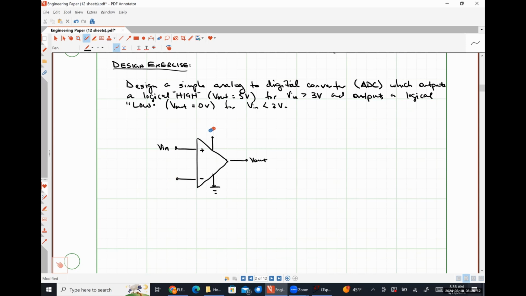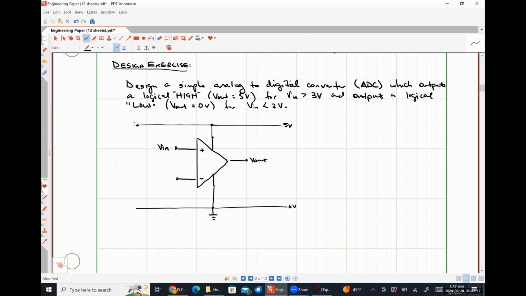So I said we were going to use a voltage divider, and so I'm going to effectively add a supply rail here that's at 5 volts. And I'm going to add a supply rail down here that's at ground.